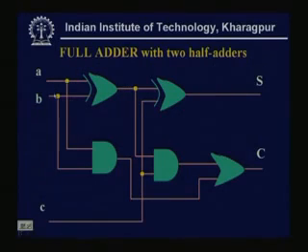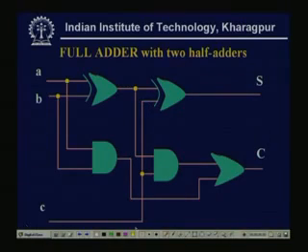So see that this is A XOR B, and now A XOR B, again another half adder, that means another XOR, and one input is the carry itself. That means my S is A XOR B XOR C, what just now I have drawn for the first circuit.